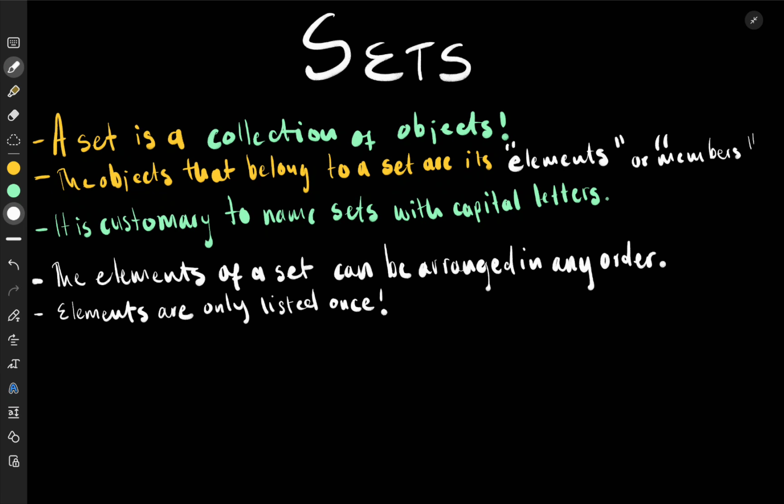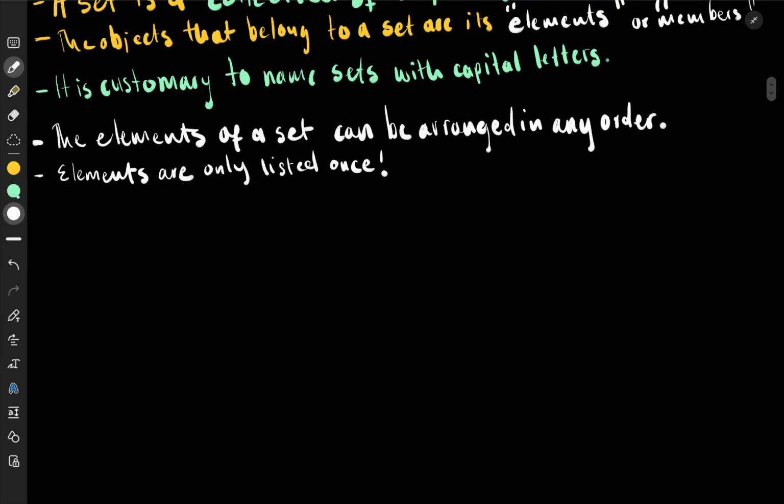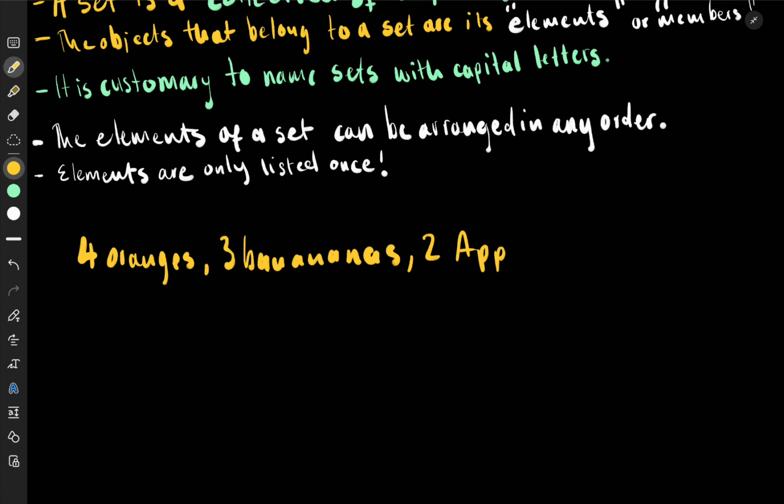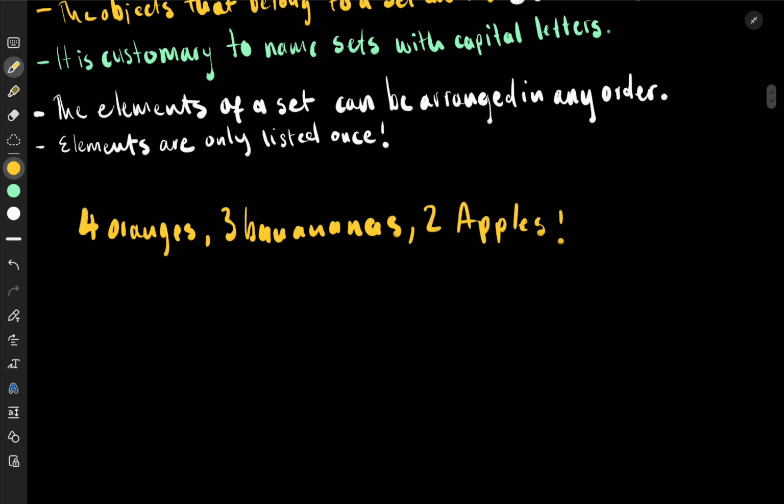So in other words, if you had 4 oranges, 3 bananas, and 2 apples, then you decide to make a set out of these things, right?